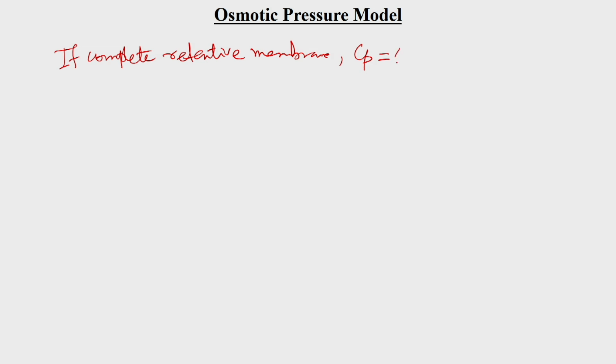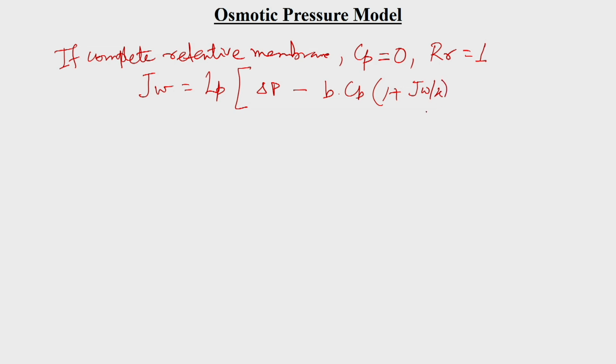Then Cp will be equal to 0, and Rr will be 1 minus Cp by Cm, that is 1 minus 0, so Rr will be 1. In that case Jw will be Lp into (del p minus B into Cb into (1 plus Jw by K)).